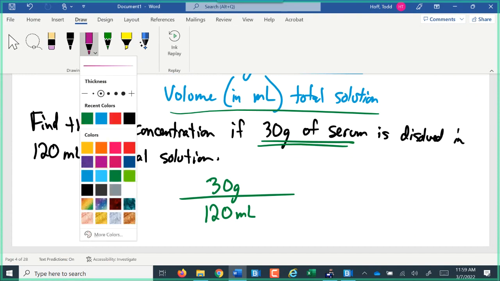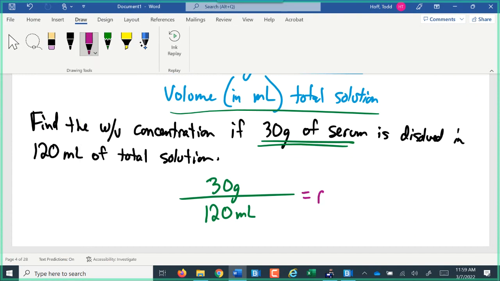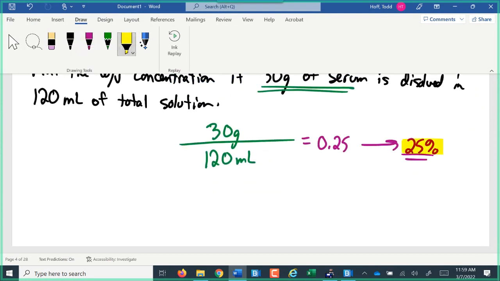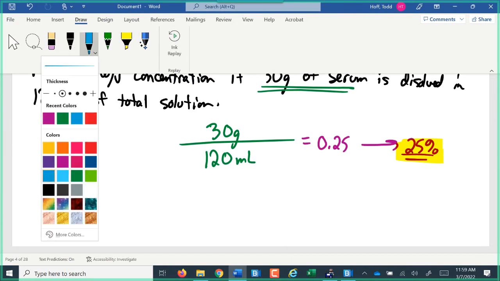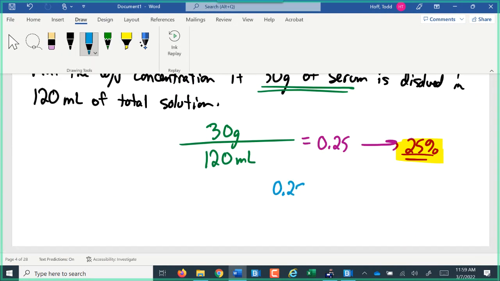I divide that out. 30 divided by 120 is 0.25, or what would be listed as 25%. More often than not, this type of a concentration, rather than being listed as a percent, is going to be given like this. It's 0.25 grams per milliliter.